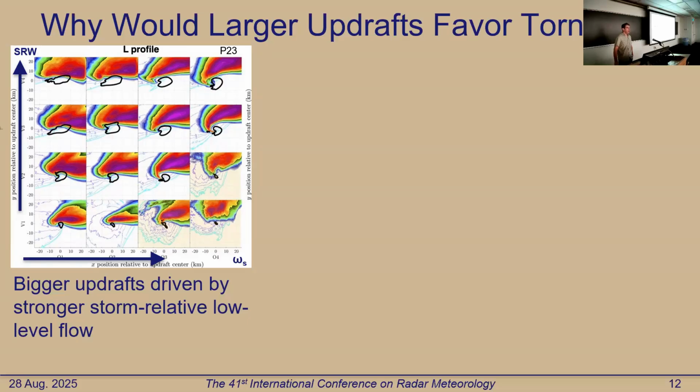Well, we do know what drives larger updrafts, greater mass flux, and that's driven by strong low-level storm relative flow, right? And so there's modeling results that show this very well. You increase storm relative winds, and your updraft, shown in black here, gets larger, right? And we've seen this in simulations.